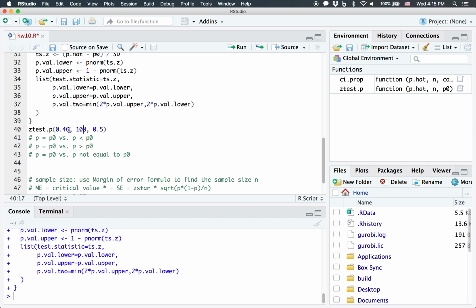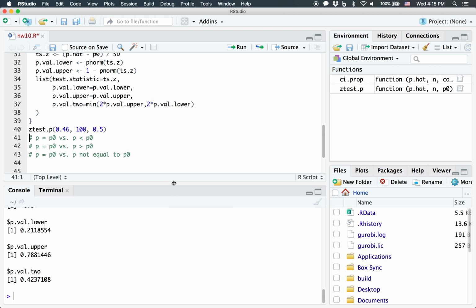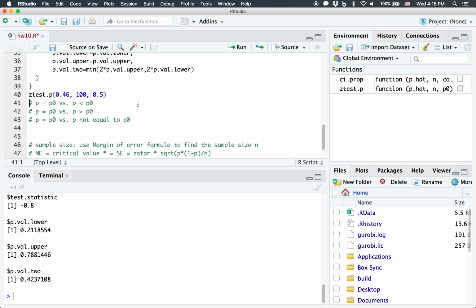I want to determine whether the hypothesized population proportion, which is 0.5, differs from the observed sample, which is 0.46. Okay, and I run this one.